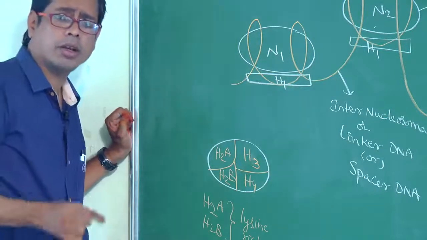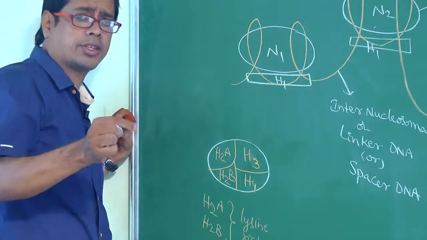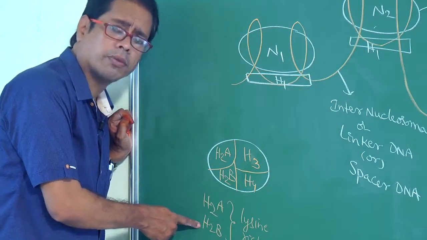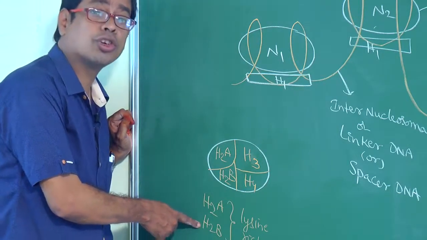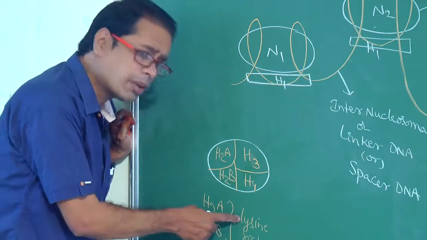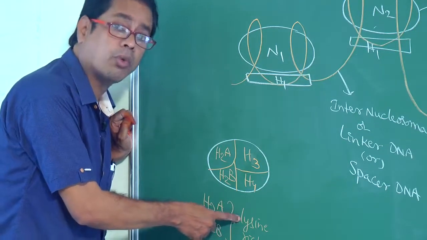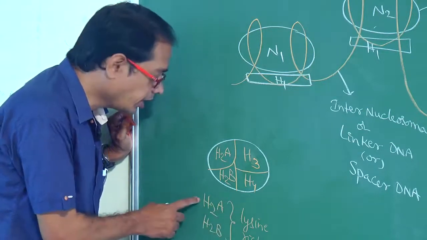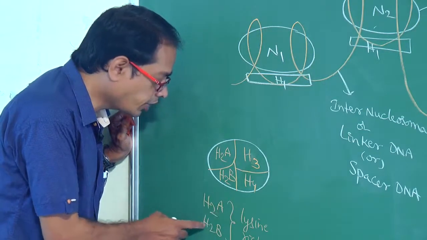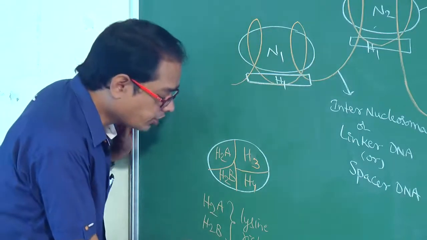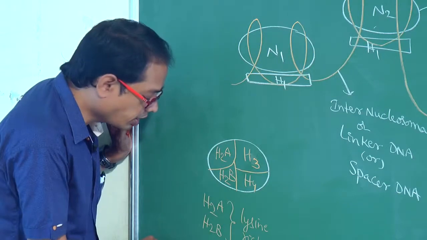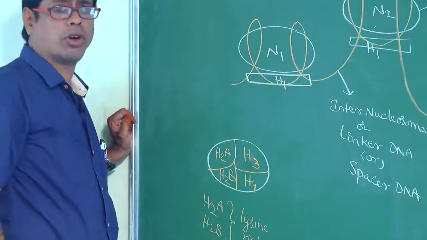Proteins are nothing but polymers of amino acids. That means H2A and H2B are made up of amino acids. In those amino acids, lysine is present in more amount. That's why H2A and H2B are lysine-rich proteins. Arginine-rich proteins are H3 and H4.